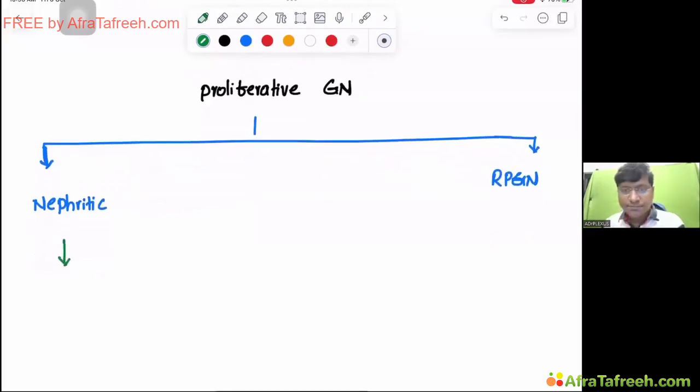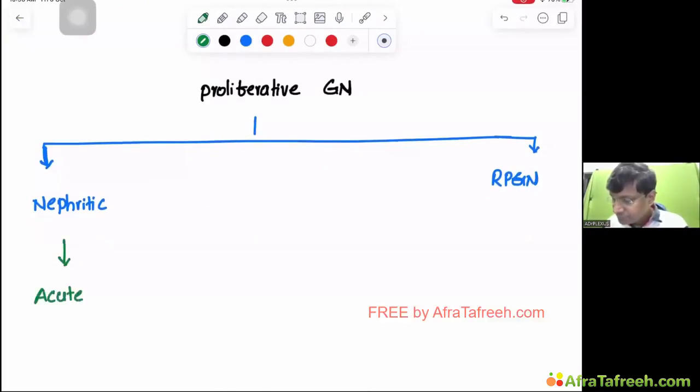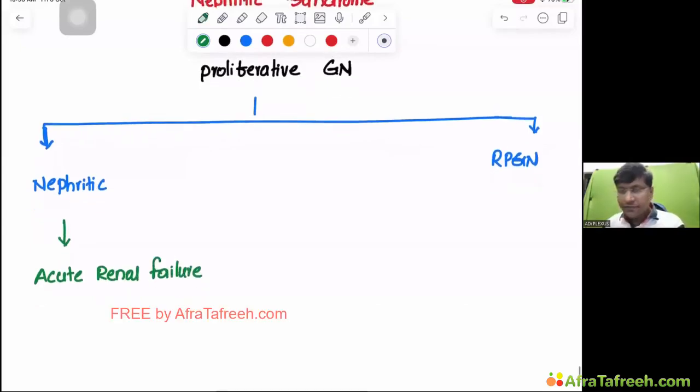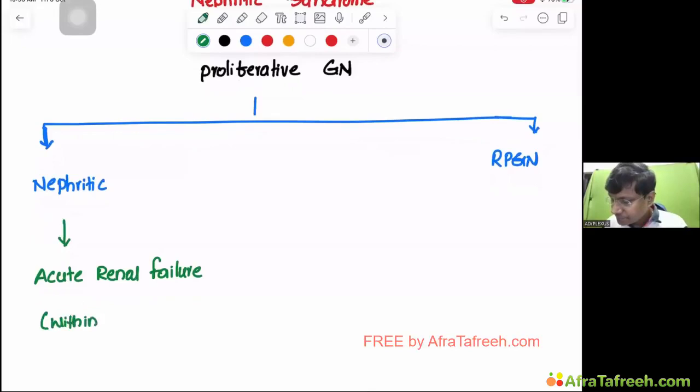Nephritic syndrome, they develop acute renal failure, where there is development of renal failure within days to weeks.